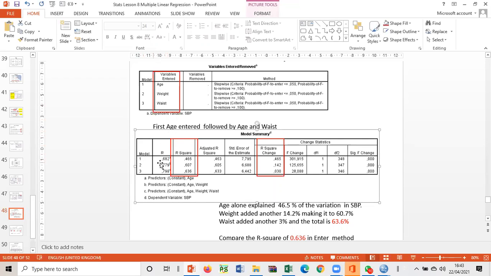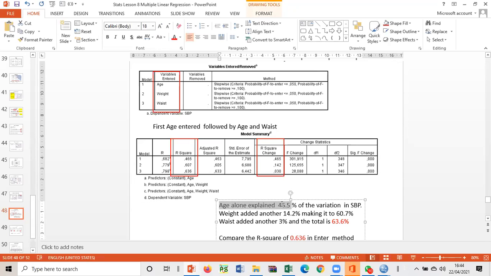Model 1, how much R square? 0.465, 46.5%. Age alone explains 46.5% of the variation. So 46.5%, that's the R square change.